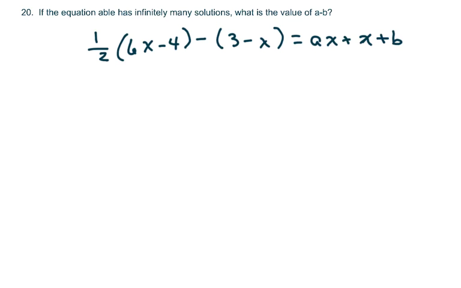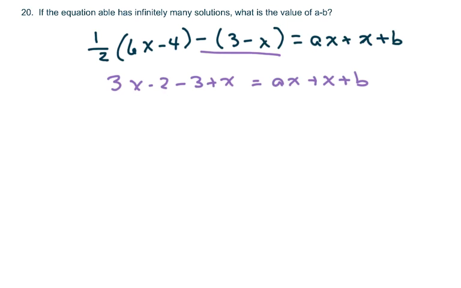So let's just clean this up a little. We get 1/2 of this, which means we get 3x minus 2, and then I'm going to take care of this part, minus 3 plus x, equals ax plus x plus b.